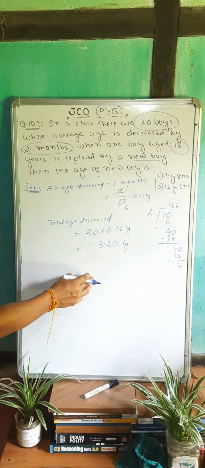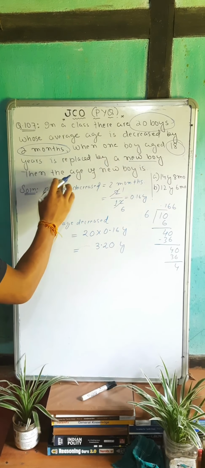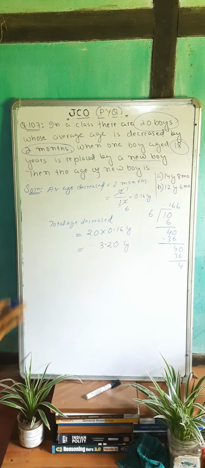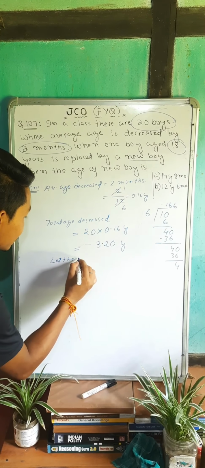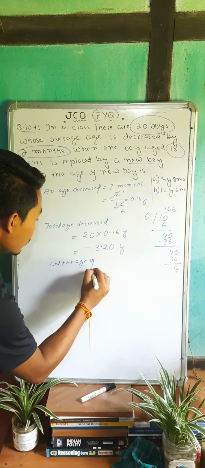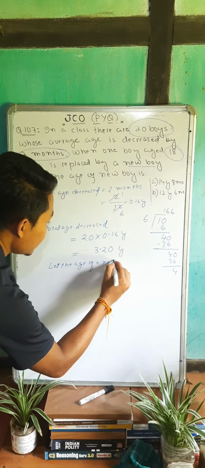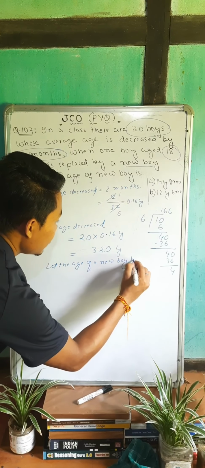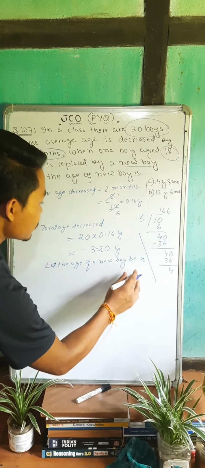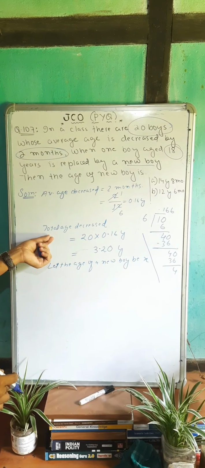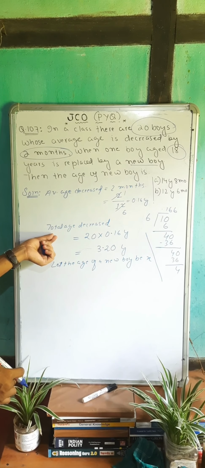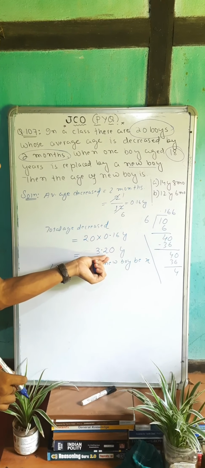Now we need to find the age of the new boy. We don't know the age of the new boy, so let the age of the new boy be X. Now the total age decrease is 3.2 years.